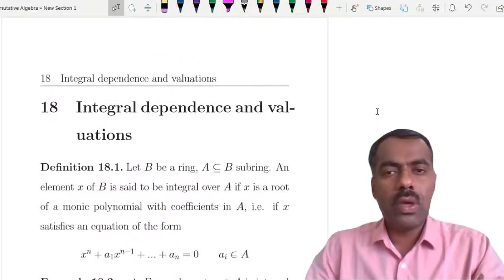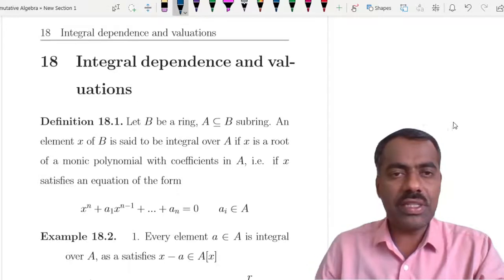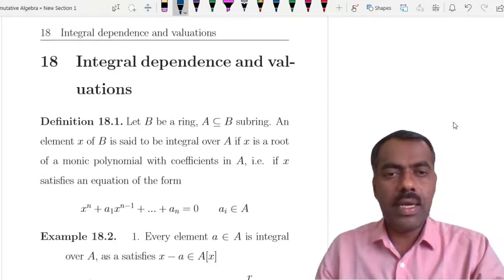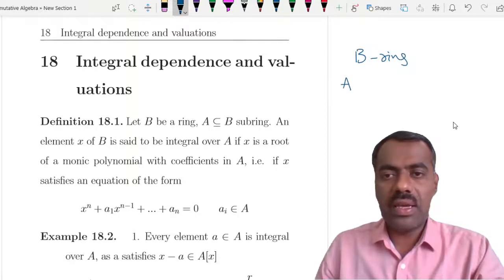Okay, so let's start with the definition of integral dependence. Take B, which is a ring, and A, a subring.